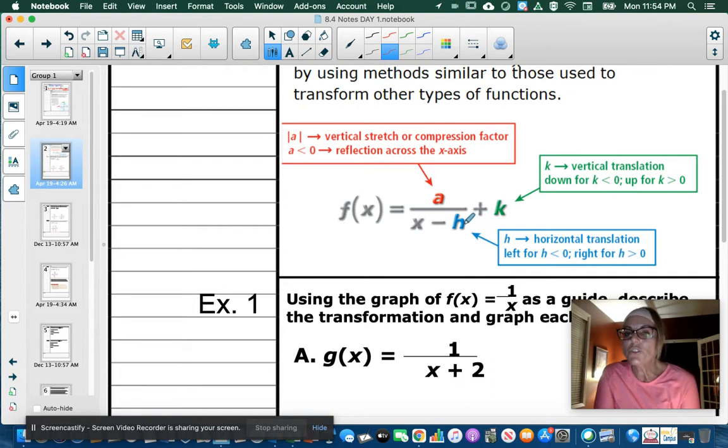The h represents the horizontal translation, left or right. Left for h less than 0, right for h greater than 0, and the k represents the vertical translation, up or down. Down means k is less than 0, up is k is greater than 0.